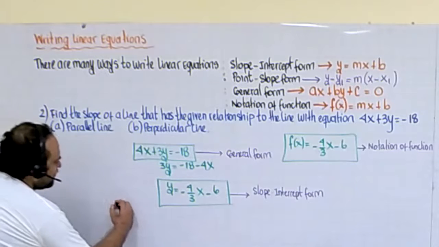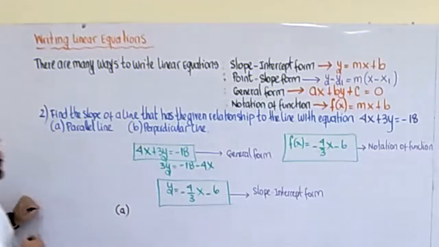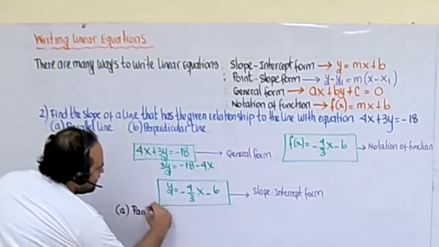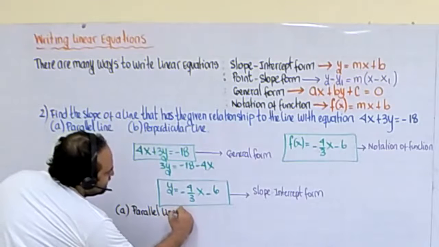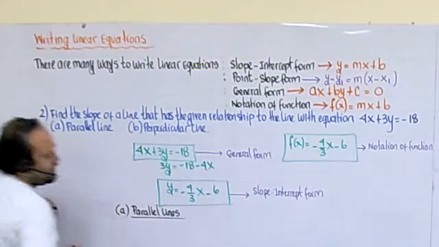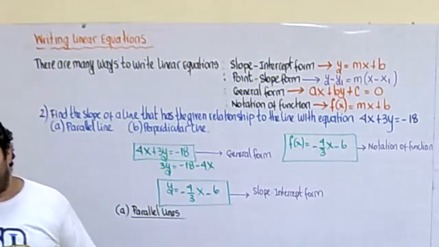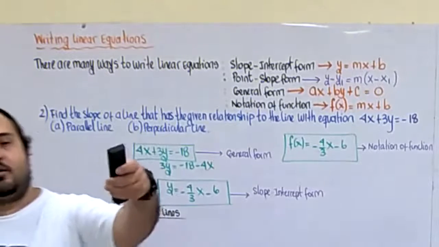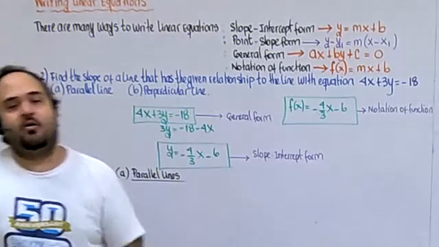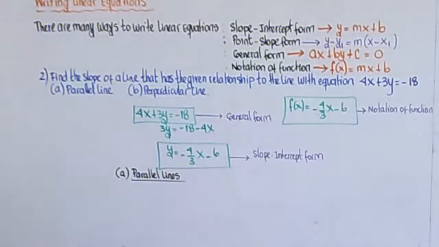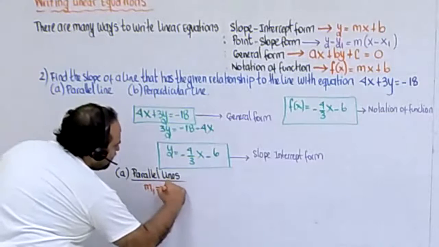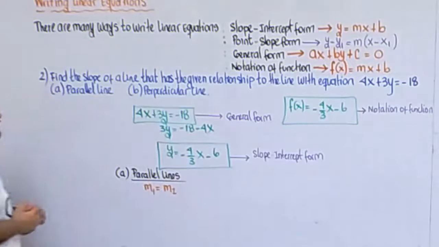Remember, in the letter A, the relationship says this is going to be a parallel line. This is the condition A. All right, parallel lines mean the lines will have the same slope. So according to that concept, the slope number one will be equal to the slope number two.